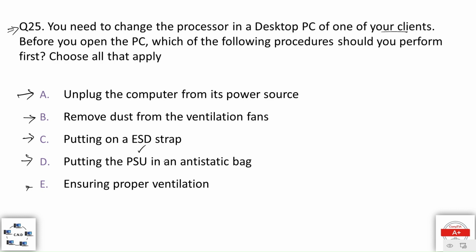And the correct options are option A and option C. So we have two correct options. First, option A, unplug the computer from its power, and option C, put on an ESD strap.